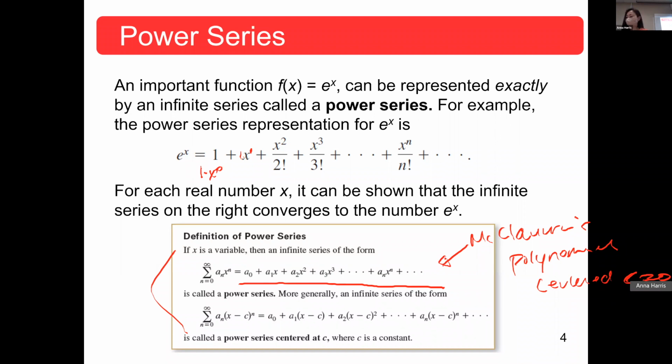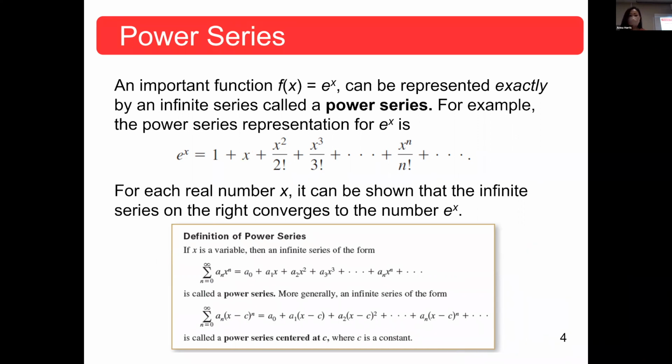Okay, what is this one over here? That's a Taylor polynomial, centered at c. So we already know this. We've been using it in 9.7. We're just defining it again formally. This is the definition of a power series.